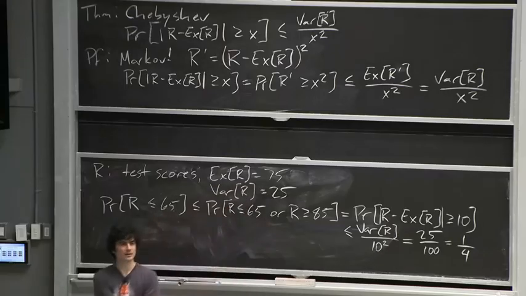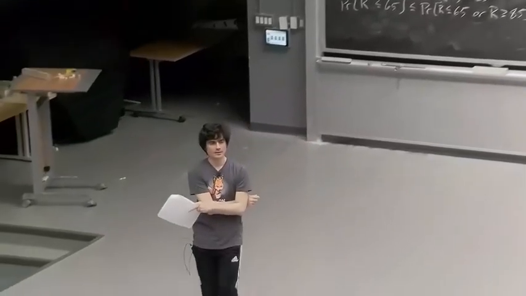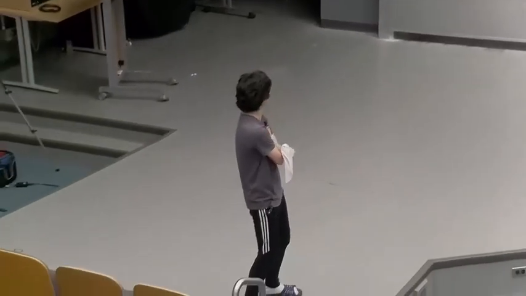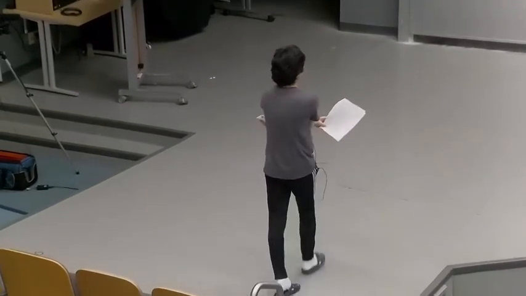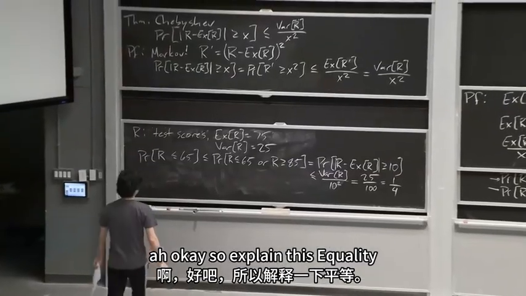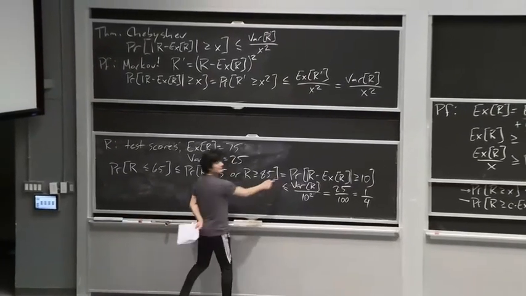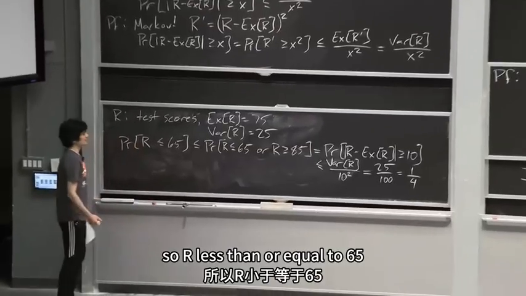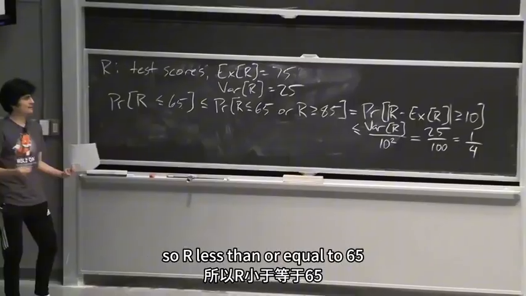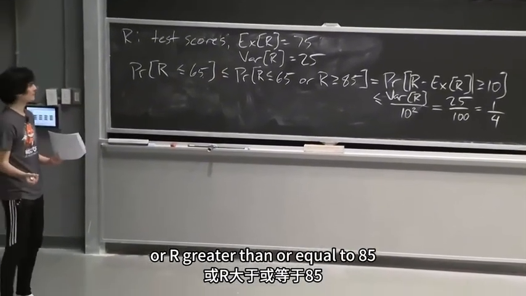Yeah, question? Okay, so explain this equality. R less than or equal to 65 or R greater than or equal to 85.